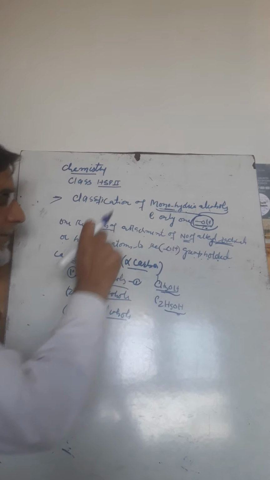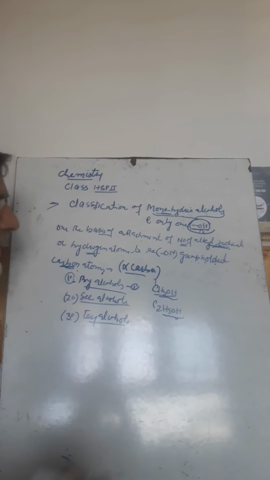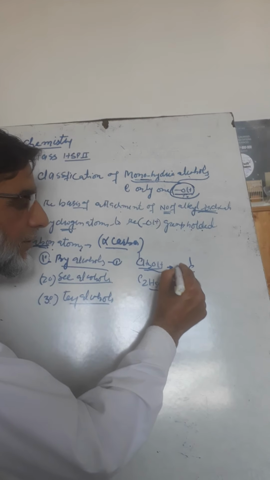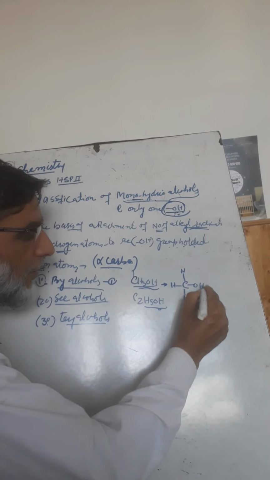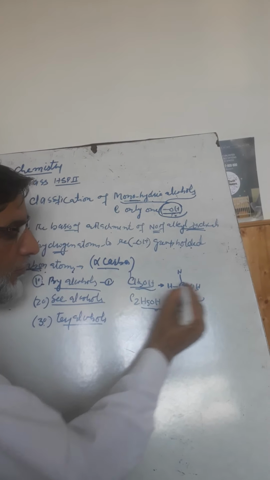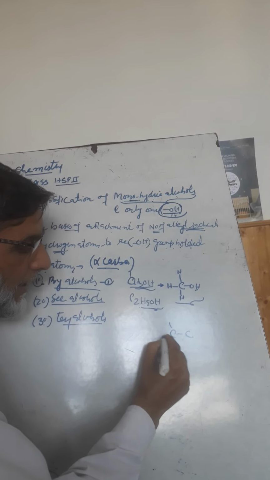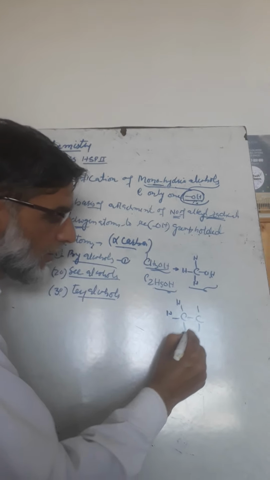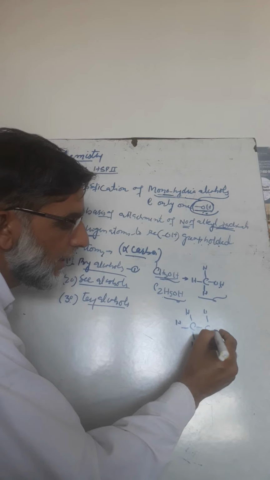To clear whether they are primary, secondary or tertiary, let me have their structure. It is carbon with 3 atoms of hydrogen and one hydroxyl. And then we have 2 atoms of carbon with 5 atoms of hydrogen and hydroxyl.